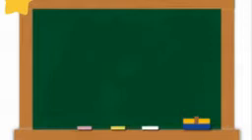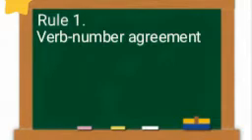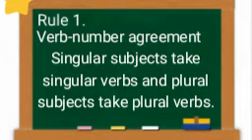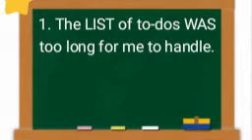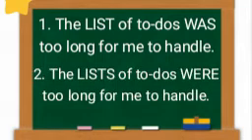So, let's have rule number 1. Verb number agreement. Singular subjects take singular verbs, and plural subjects take plural verbs. For examples, the list of to-dos was too long for me to handle. The lists of to-dos were too long for me to handle.